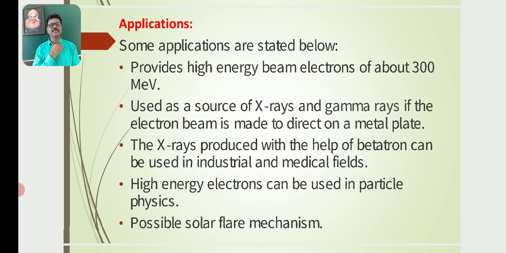The Betatron is used as a source of X-rays and gamma rays. If the electron beam accelerated by the Betatron is directed on a metal plate, it produces X-rays and gamma rays. That means Betatrons are used as a source of X-rays and gamma rays.